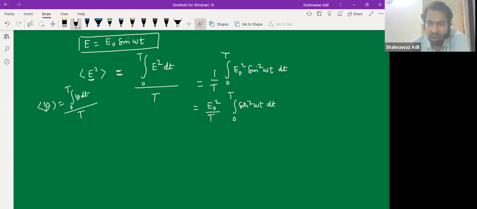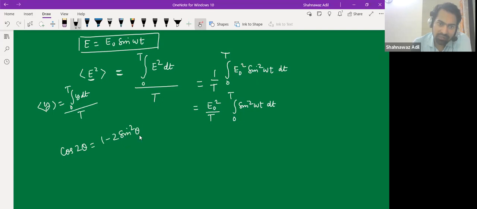We cannot take the integral of this sine square directly. So we have to change it into the linear form, without the power. As Saad has said, we can write cos 2 theta as 1 minus 2 sine square theta.